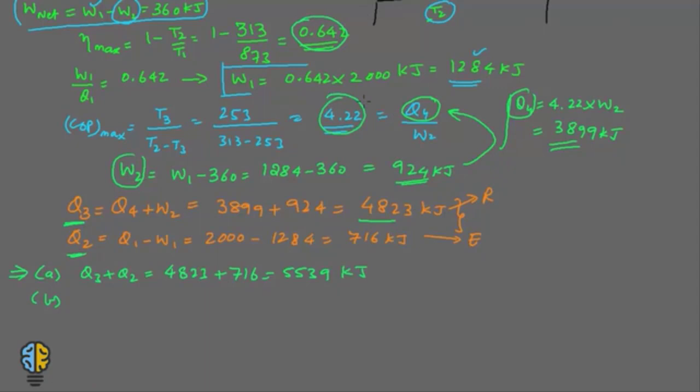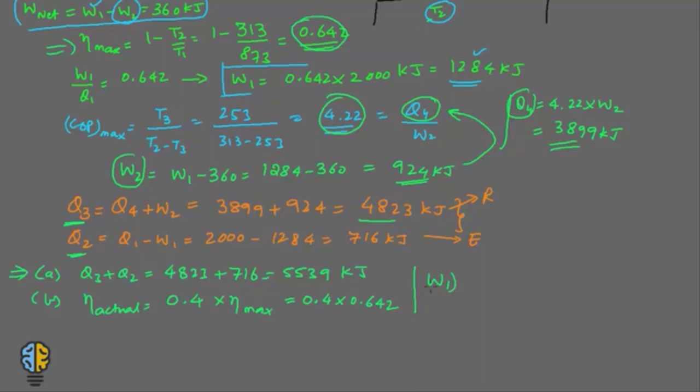This means that the efficiency of the actual heat engine cycle is 40% of the maximum value, and you can write this as 0.4 into 0.642.